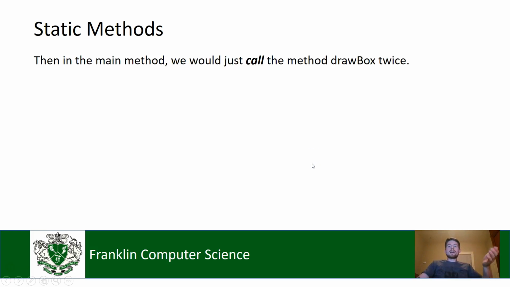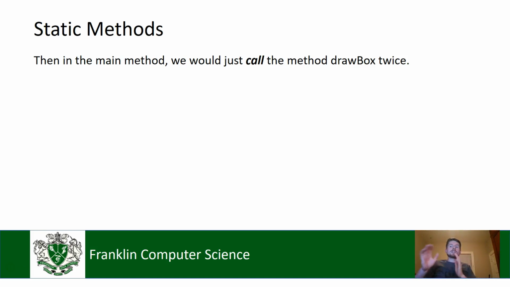So that doesn't completely do what we want. Just having that method created, we also have to tell main, we have to do what's called calling the method. And calling is where you have the program say, hey, go do the stuff that we said was called drawBox.